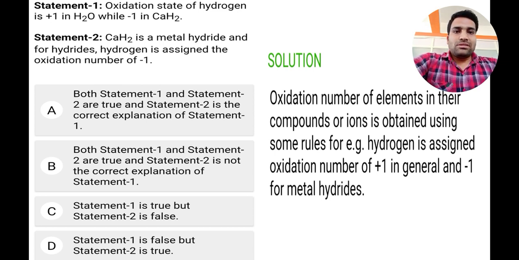So here the options are: both statement 1 and statement 2 are true, and statement 2 is the correct explanation of statement 1. So that means statement 1 and statement 2 are both correct, and the reason for statement 1 is statement 2. That's why option A, both statement 1 and statement 2 are true, and statement 2 is the correct explanation of statement 1. If you see the remaining options, they have differences.